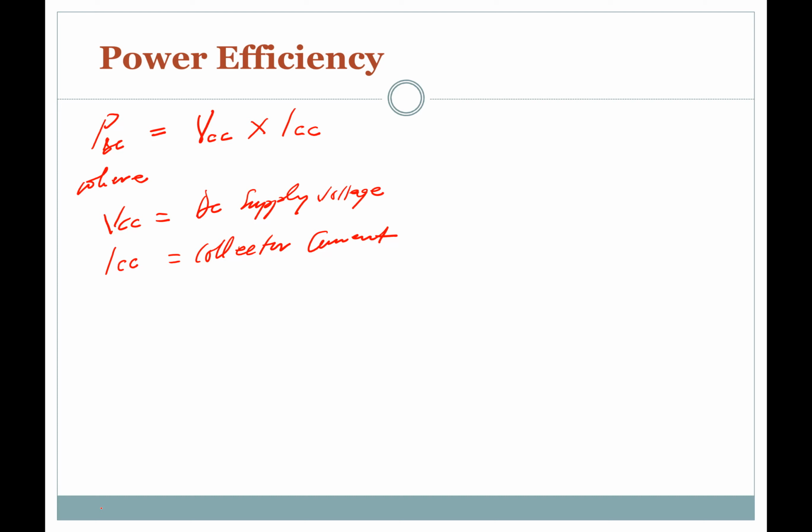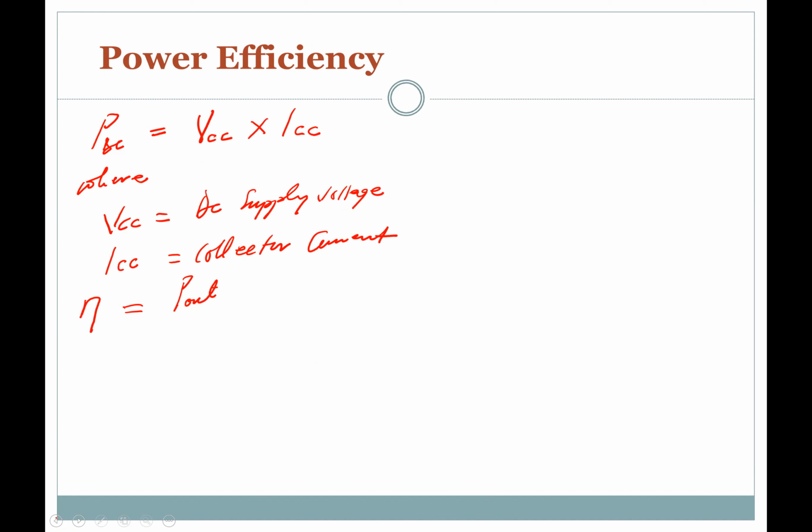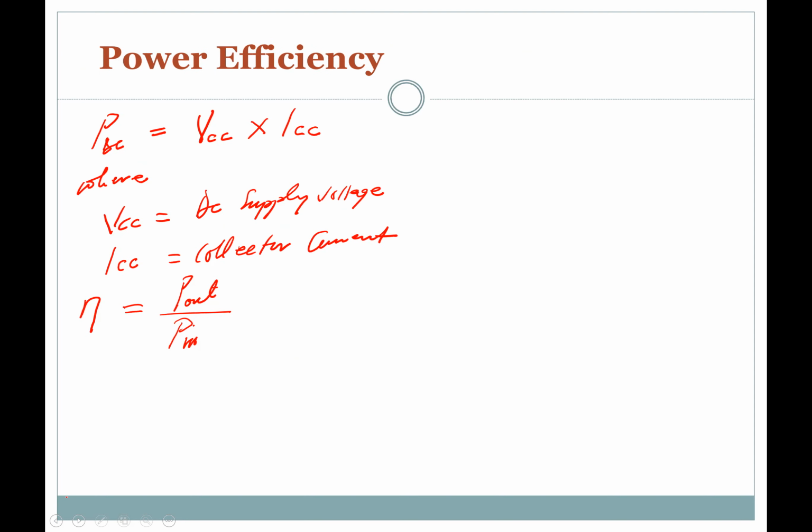Alright, so mathematically, efficiency, which is normally represented by this symbol, is given as P out divided by P in, times 100%.